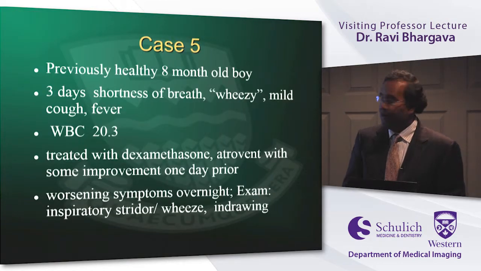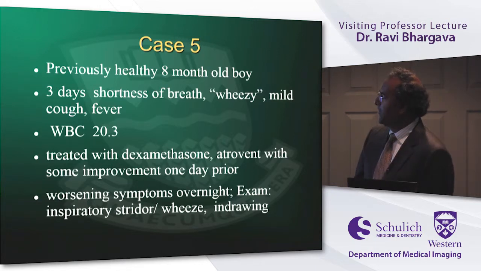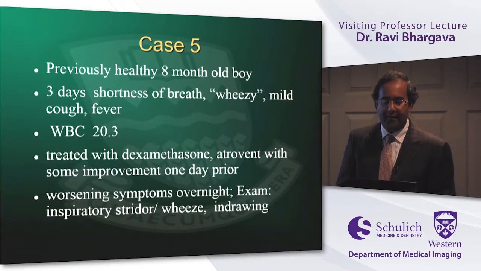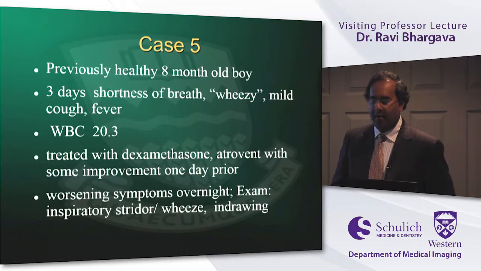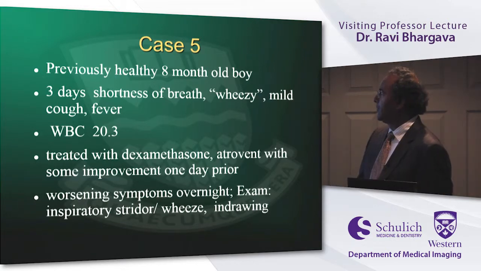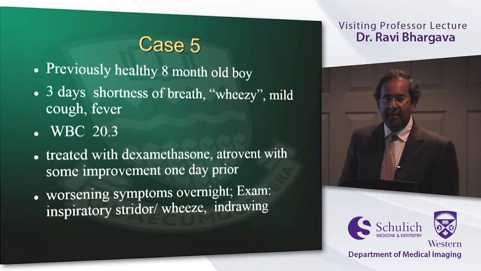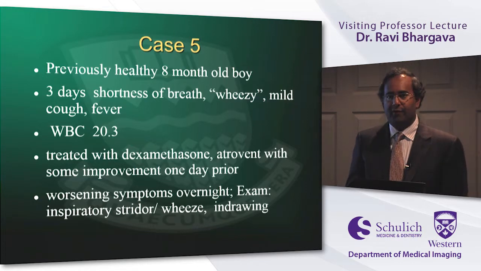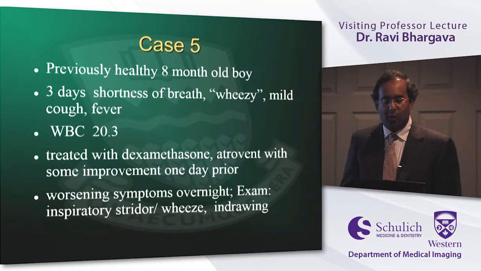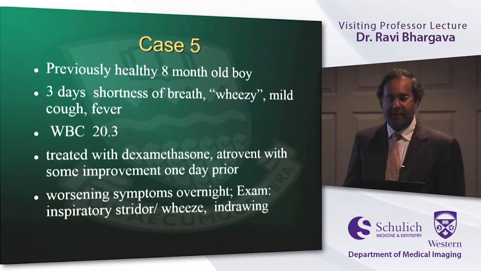Okay. The next case is a previously healthy 8-month-old boy. They have a 3-day history of breathing issues that are described as being wheezy, mild cough, fever, elevated white count. The child had been treated with dexamethasone and Atrovent with the thought that this child may have a viral lower respiratory tract infection or perhaps asthma, and there had been some improvement.